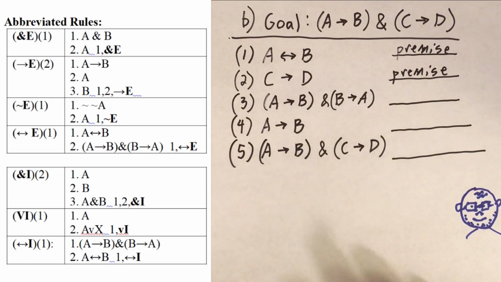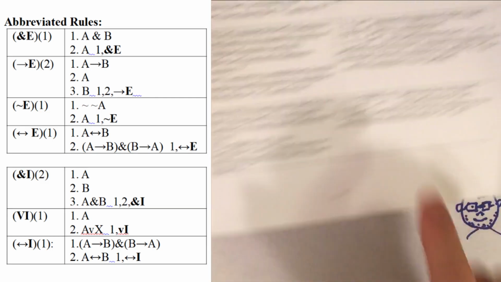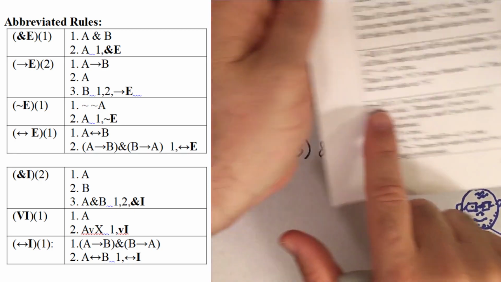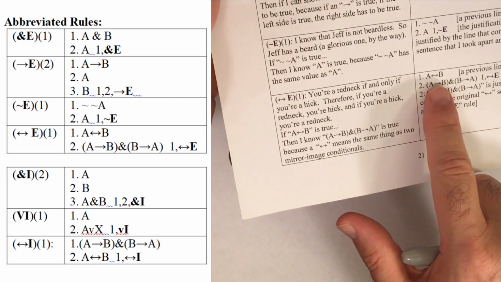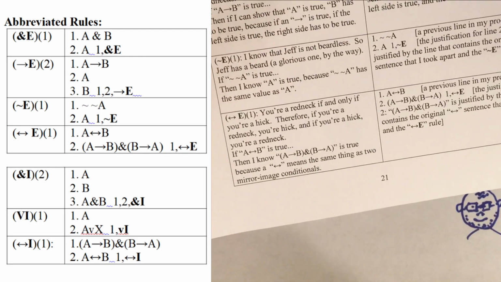If you have your rules out, you should either have them printed or sitting out there on a screen. If we take a biconditional apart, notice what we get. Again, I'm going to be corny. If we take apart a biconditional, what does it give us? 2 mirror image conditionals connected by an AND.